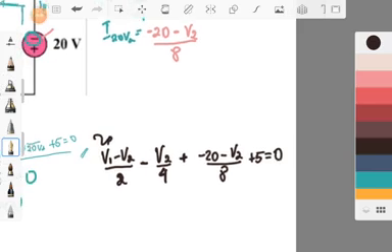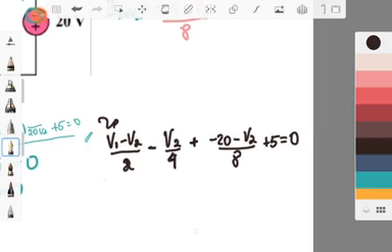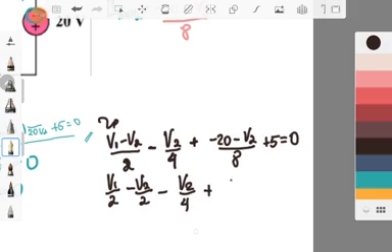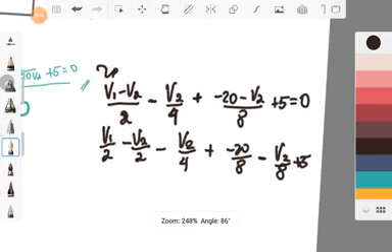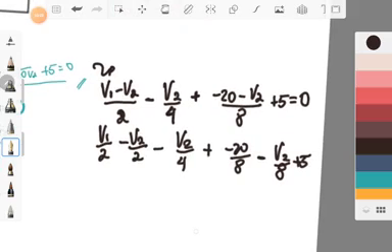So for the manipulation of this equation, we will have V1 over 2 minus V2 over 2 minus V2 all over 4 plus negative 20 all over 8 minus V2 all over 8 plus 5. Okay, so we have a value equal to V1 over 2. So V1 over 2 na talaga to kasi isa lang siya.